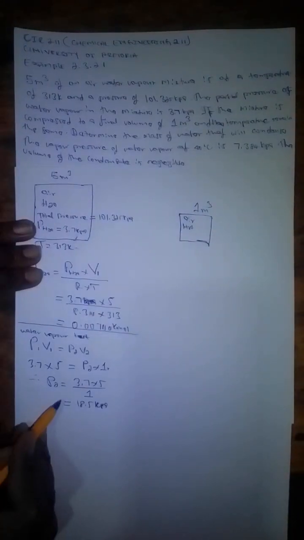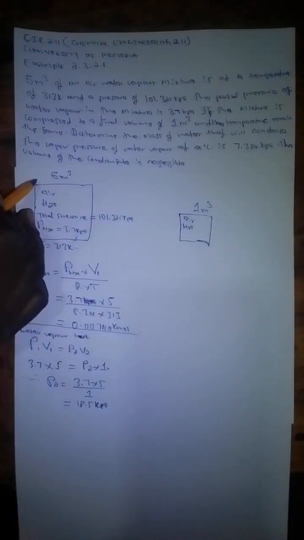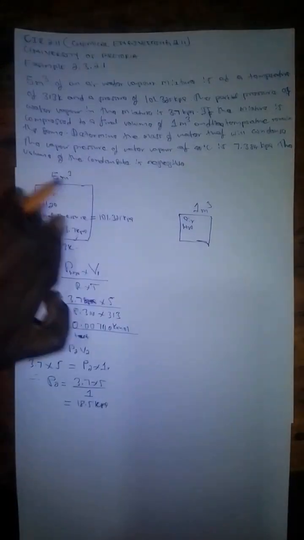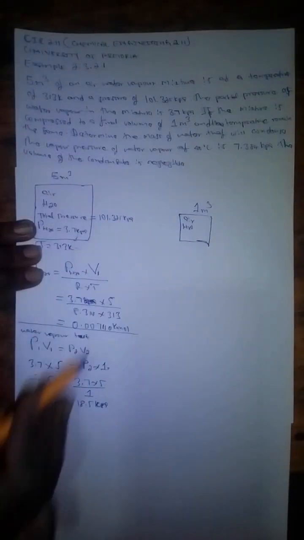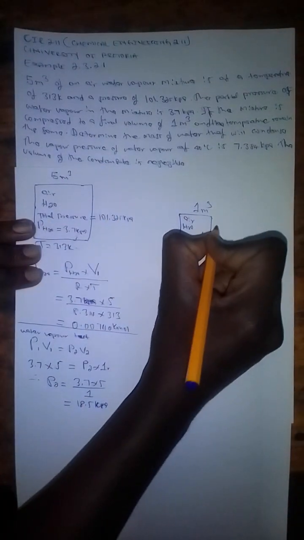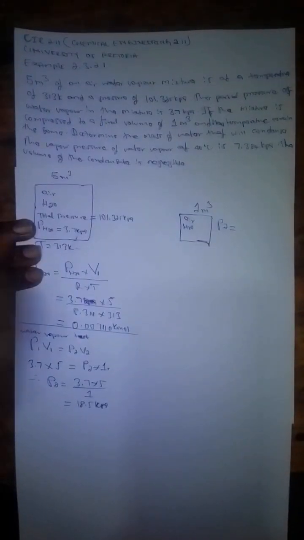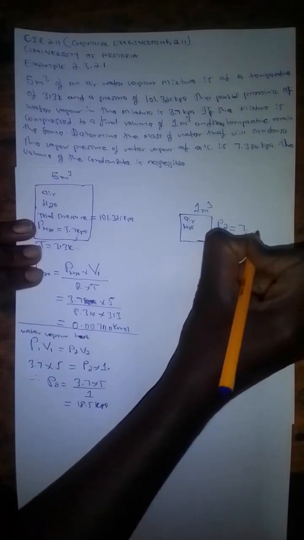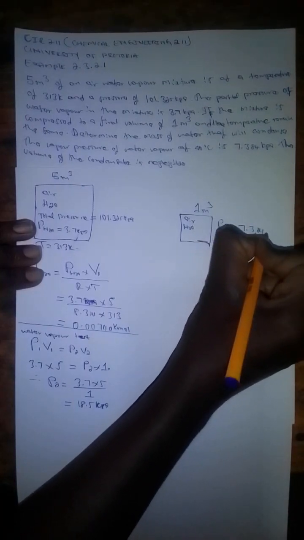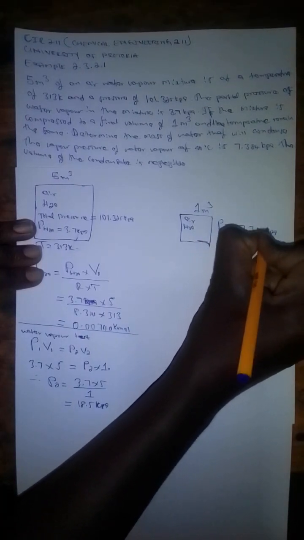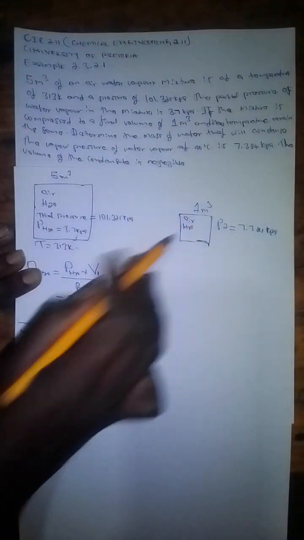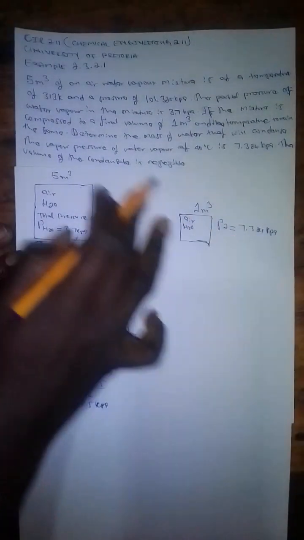If water does condense here and reducing the volume has a capacity of taking it there, then our P2 by default becomes the vapor pressure. So our P2 is actually 7.384 kilopascals, which means in 1 meter cubed our P2 becomes our vapor pressure.